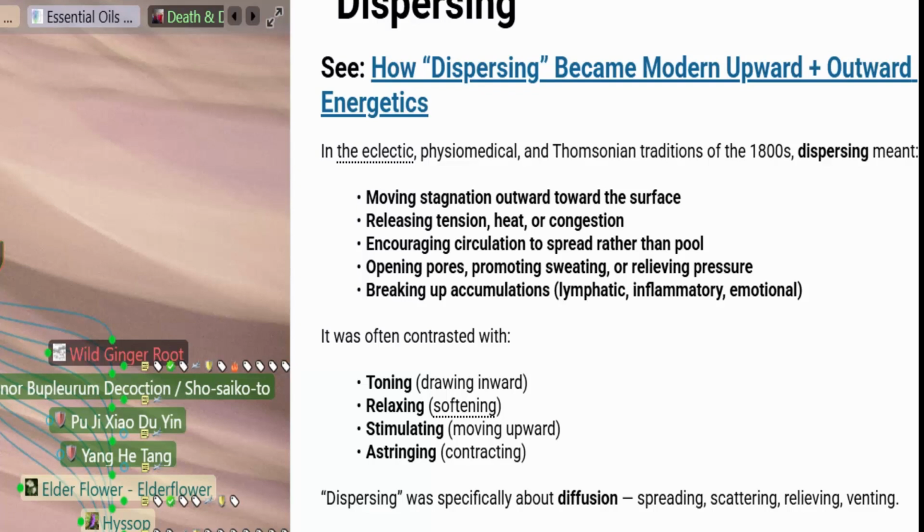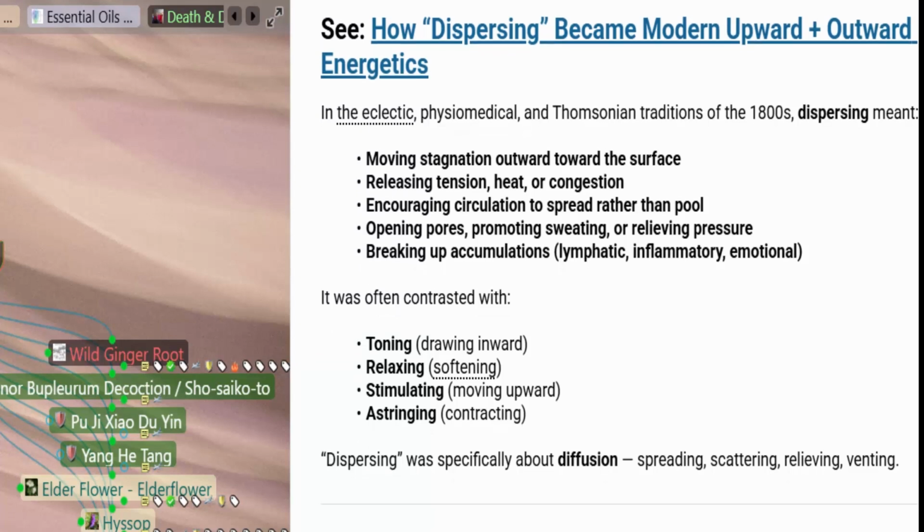It meant encouraging circulation to spread rather than pool, opening pores, promoting sweating or relieving pressure, as well as breaking up accumulations, whether that be lymphatic or inflammatory or even emotional. And it was often contrasted with the term toning, which meant drawing inward. Remember, this is how the terms were used back then.